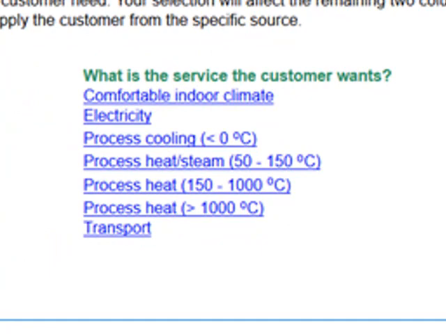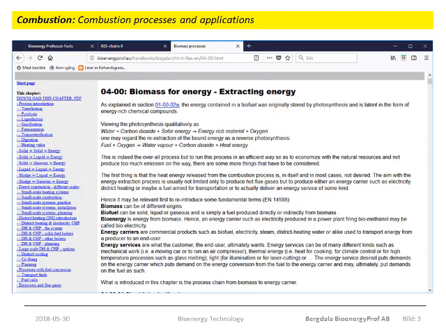demand. You will notice that customers may very well demand process heat, and that this demand has been split into several temperature intervals. This is because different temperatures put different demands on the process itself and also on the fuel to be used. Now look at the Busy Plan Handbook Chapter 4.